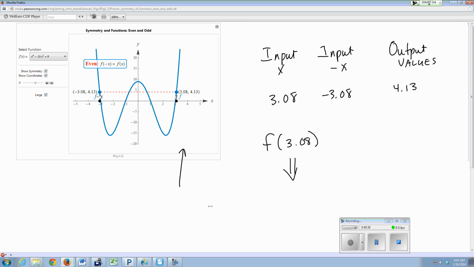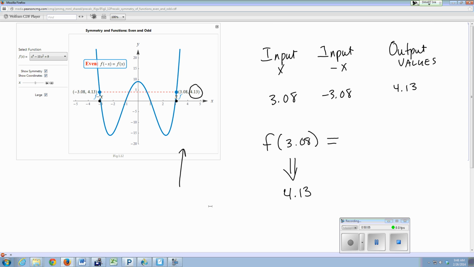What's another way of representing that notation? What is f of 3.08, and what is y here? 4.13. So f of 3.08 is 4.13.